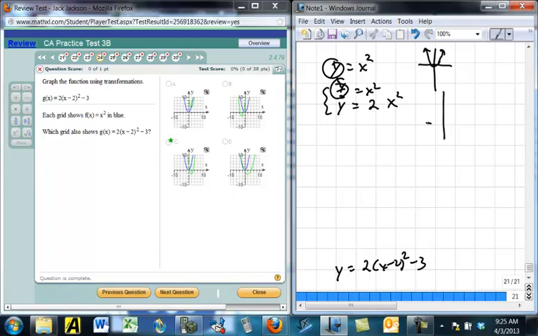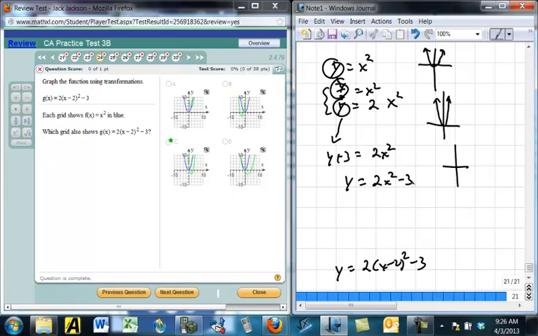So now it's going to be a little bit taller, twice as tall, or stretch vertically. And then we could do the minus 3. So we replace y by y plus 3, which is the same thing as y equals 2x squared minus 3.